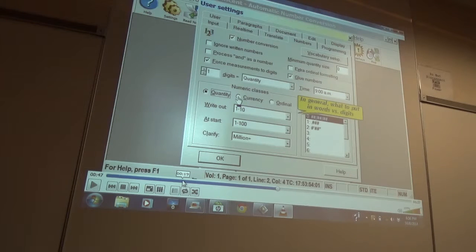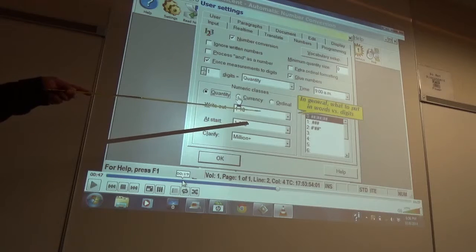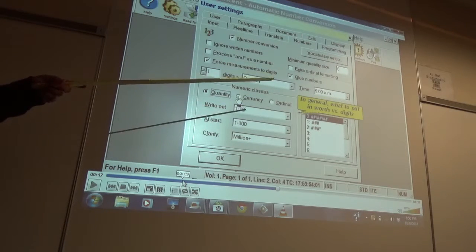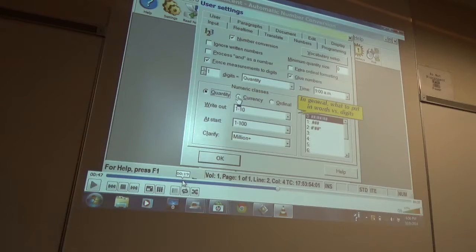You understand what it's saying there? Yes. Yes. No. Okay. It wants it to write out anytime it has 1 through 10. I don't agree with that, but whatever. If that's the way you want to do it, that's fine. And at a start, whether you wanted to change 1 through 100, clarify, on the millions, billions, thousands, stuff like that.